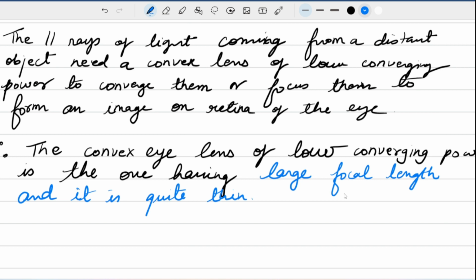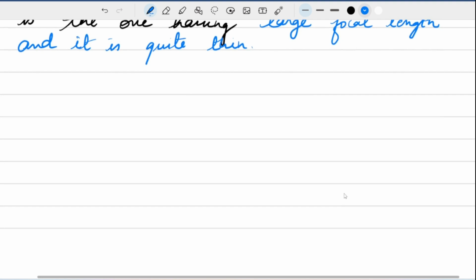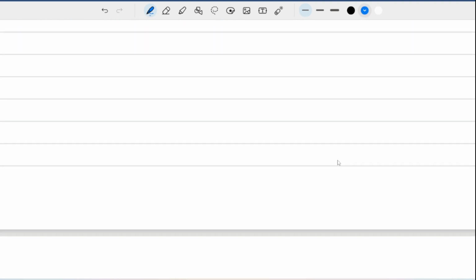Okay. Now coming to the second point. Second point means if the object is quite near to me, the light rays coming from the nearby object are diverging. Is that clear?